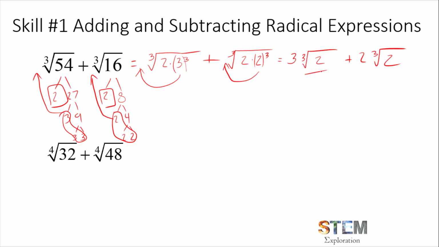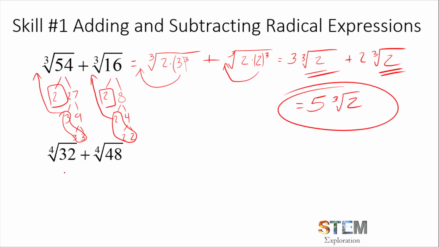What I want to point out here is that I have the same radicand with the same index. So we can add these components together and say that we have 5 cube roots of 2 as our answer. And the same thing can apply in this situation. So I'm going to just prime factorize this again.